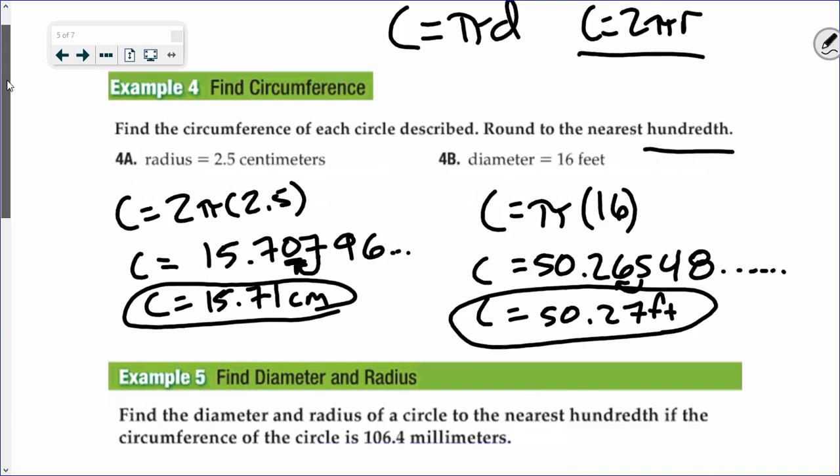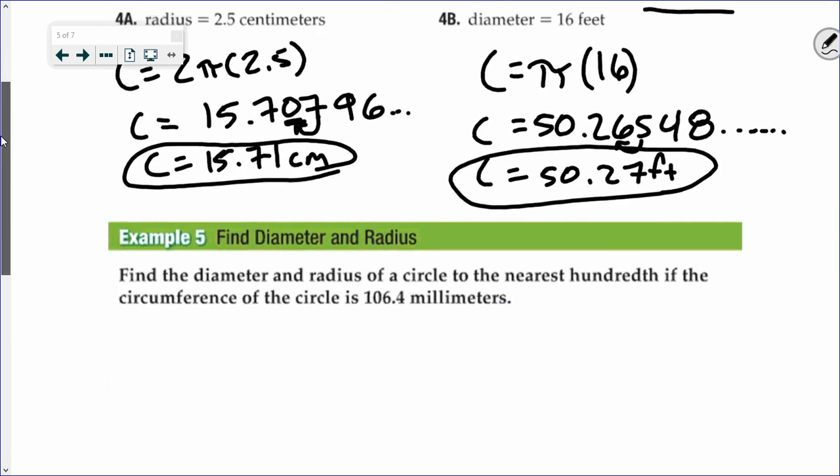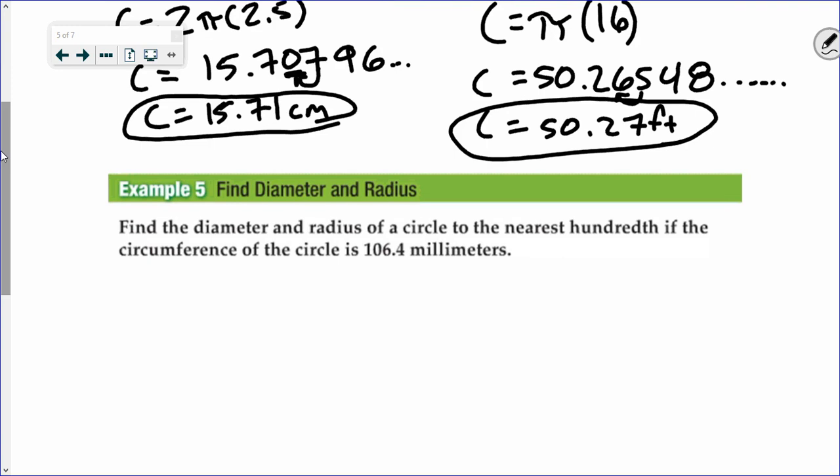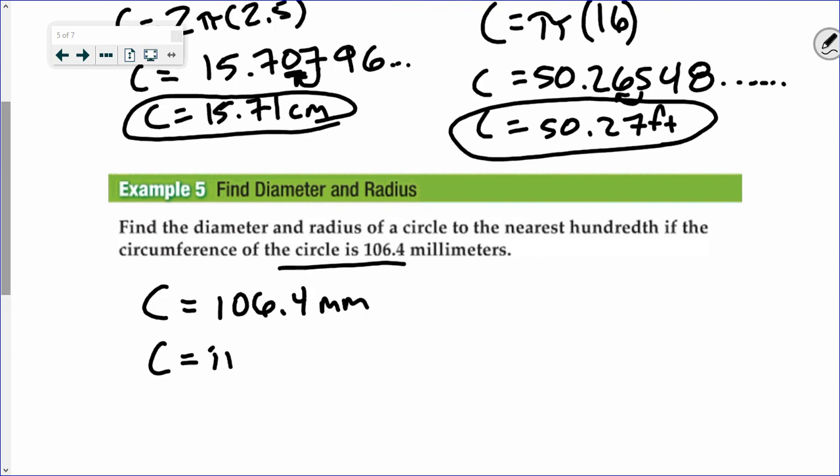So example 5, we're going to find diameter and radius given circumference. So find the diameter and radius of a circle to the nearest hundredth if circumference is 106.4 millimeters. So just to decide which one you want to find first, I'll find diameter first.